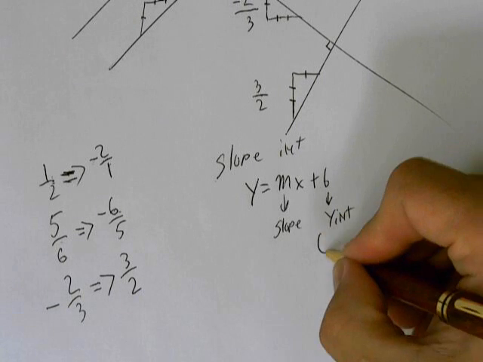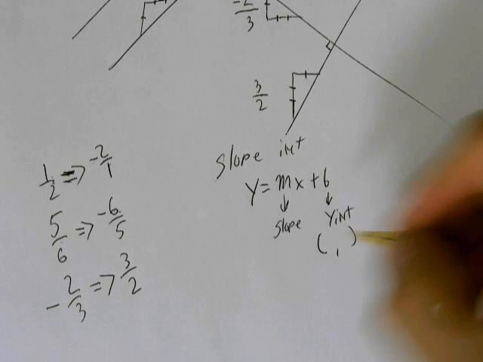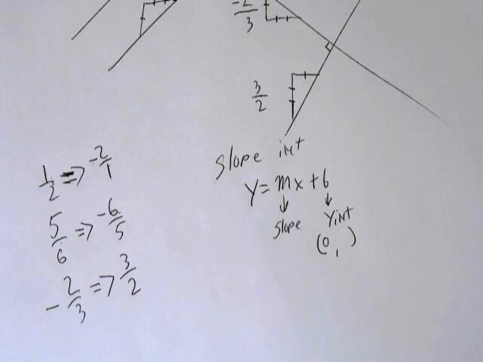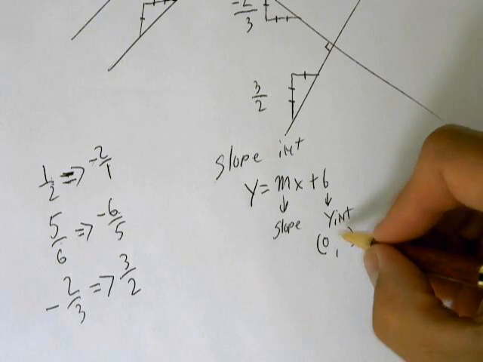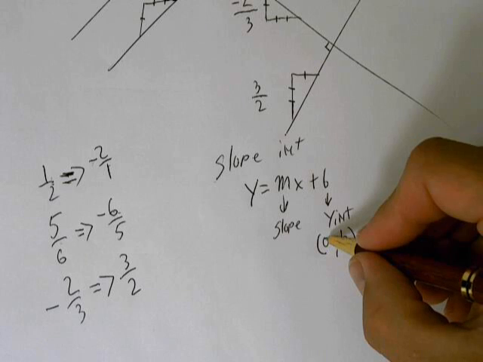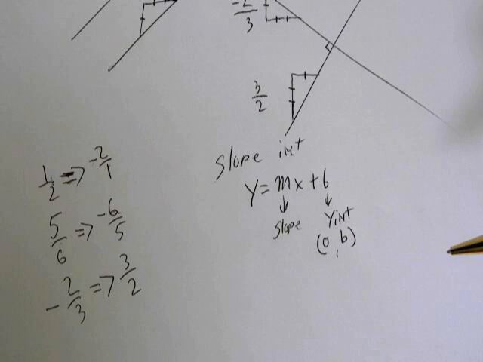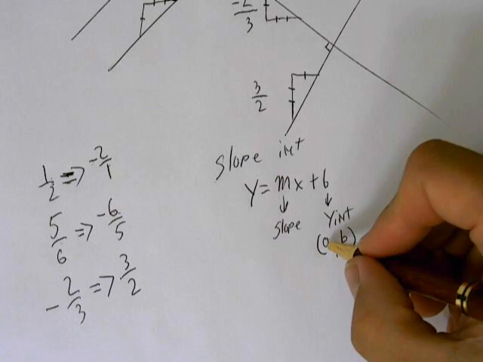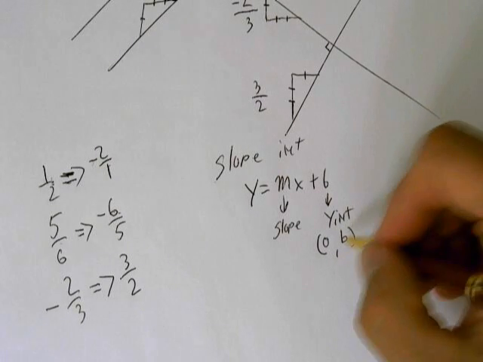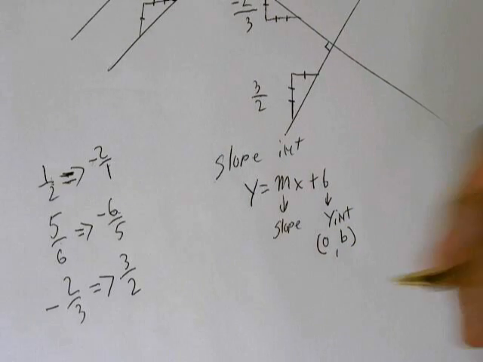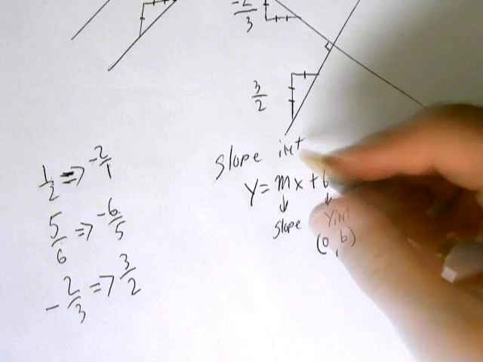Down here, I'm just going to put this. It's the ordered pair: if you put in an ordered pair where x is 0, this is going to be b. So sometimes that helps you figure out what this is. All right, so that's slope-intercept.